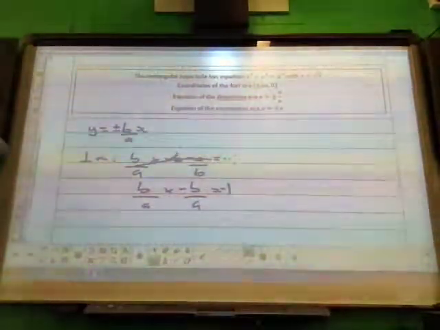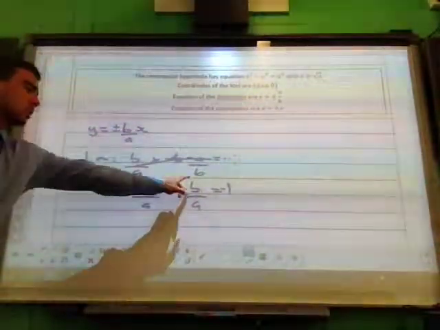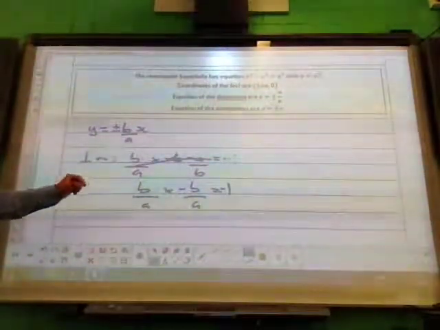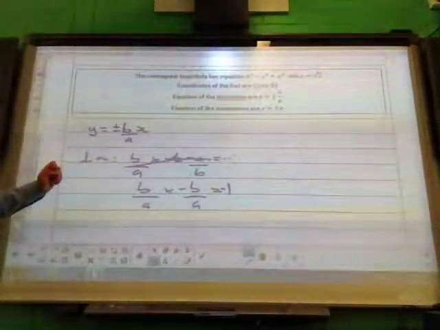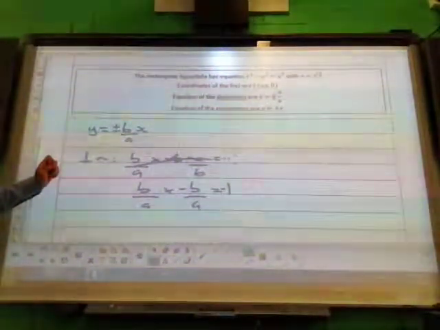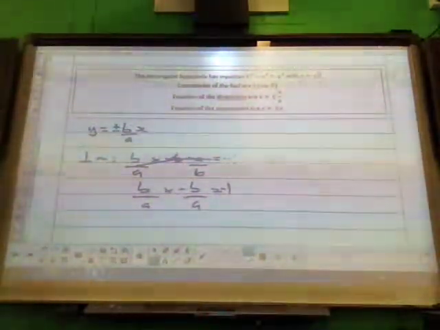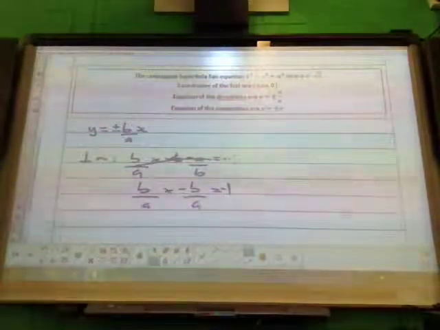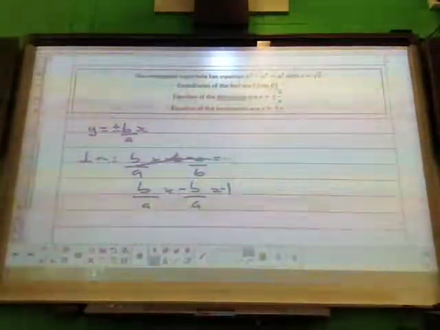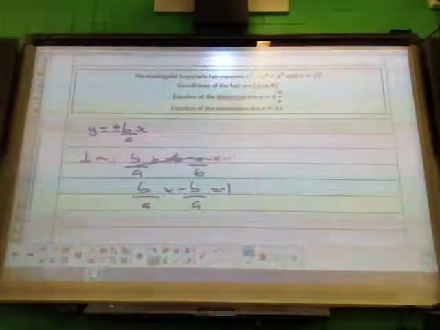Reciprocal? Sorry? Reciprocal? No, because this is the gradient of one, this is the gradient of the other. So if they're both equal, say, if it's 2 times -2, that's not going to be -1. If it's 1, yeah, I get what you're saying. How do we work around that?